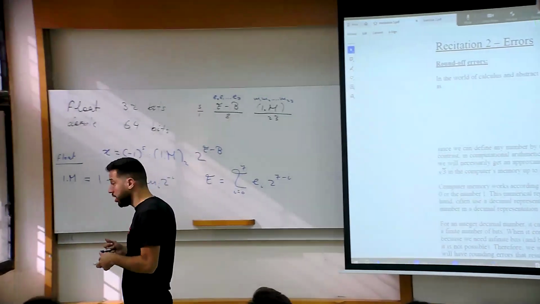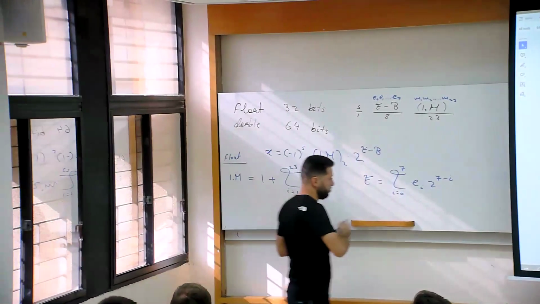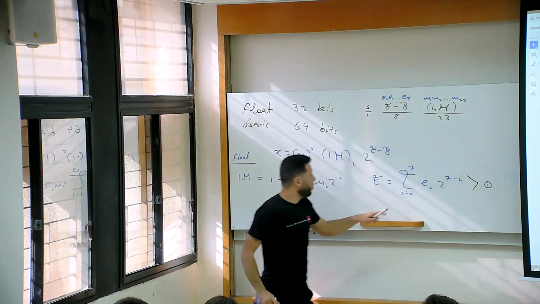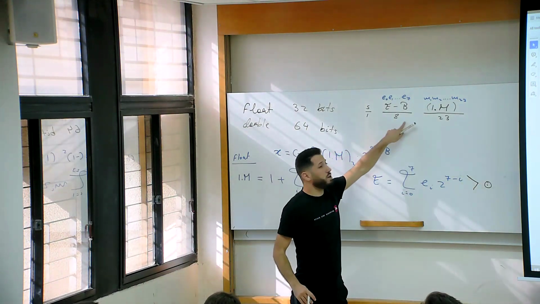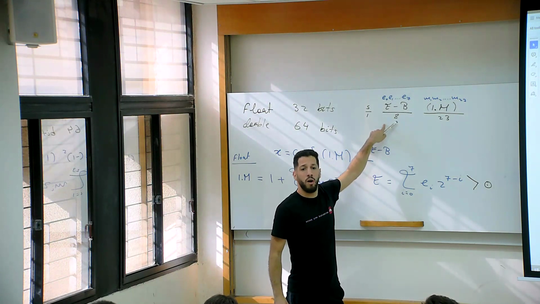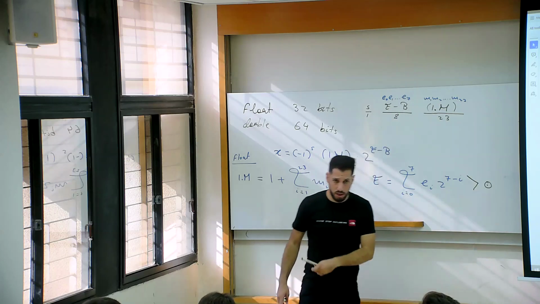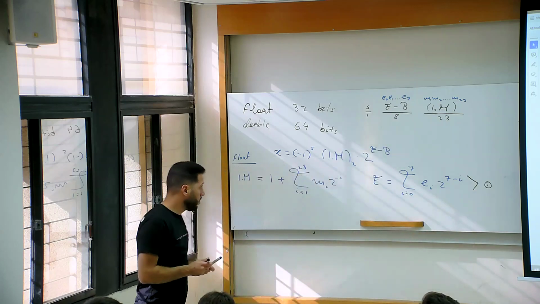I will take this condition also: in this string of 8 bits, not all of them are zero, at least one of them is 1, so that this number is bigger than 0.